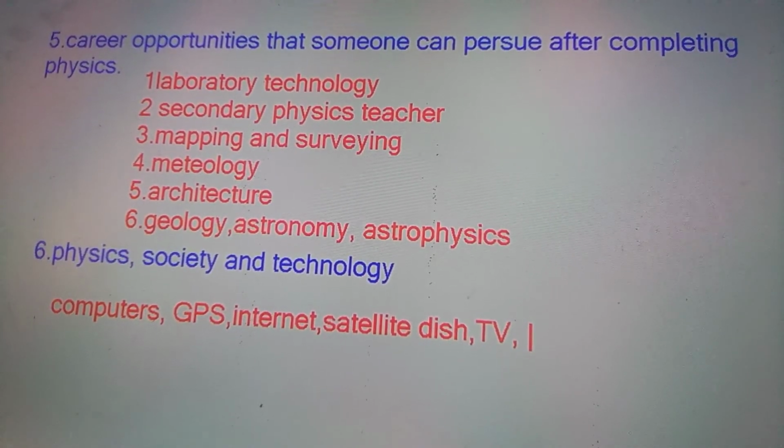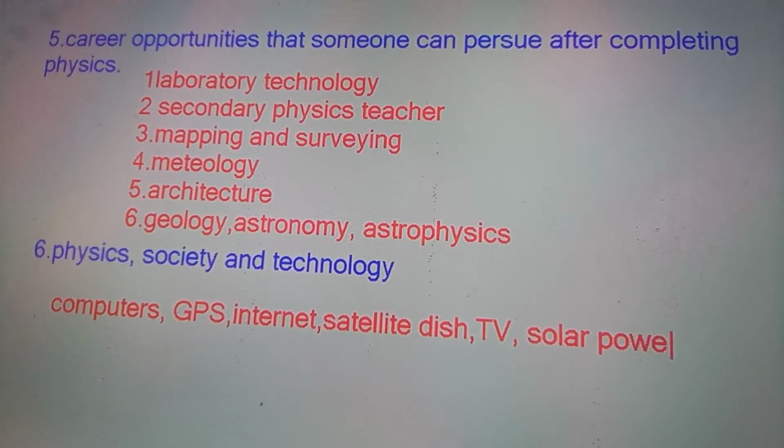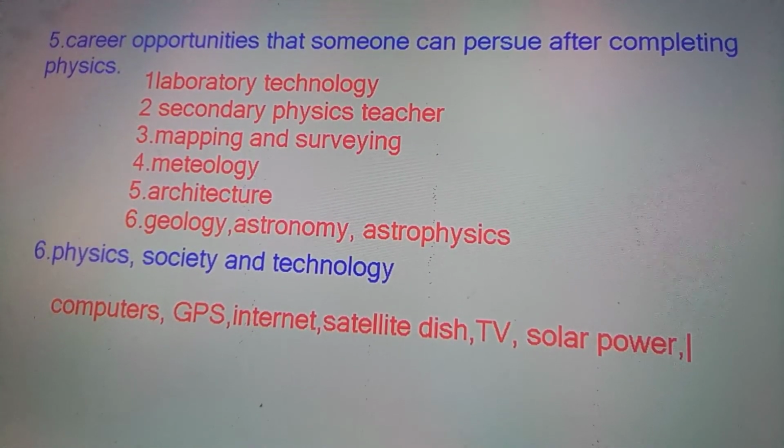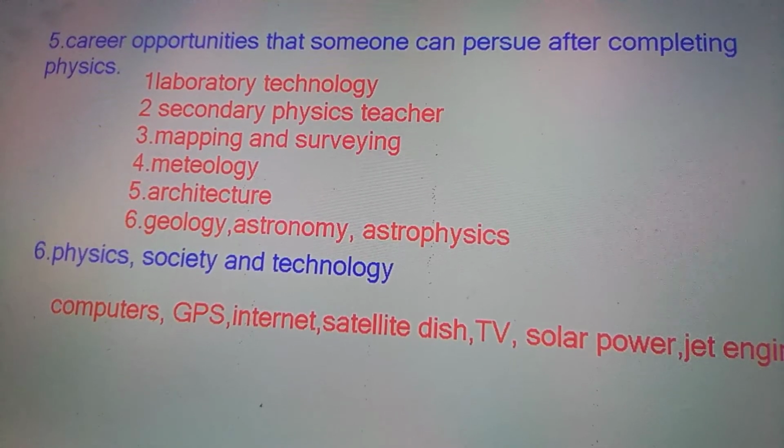We can develop solar power. We can develop, for example, a jet engine. So we can develop many things with knowledge of physics, which are important for society. That is how physics helps society.